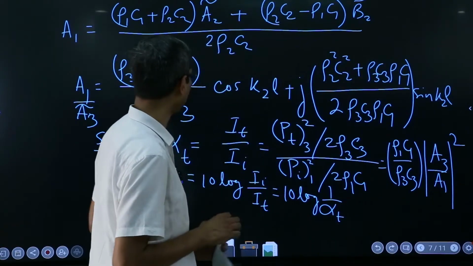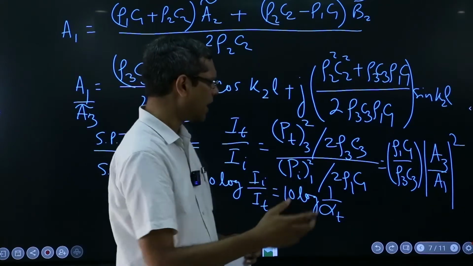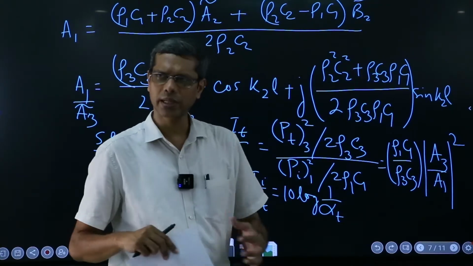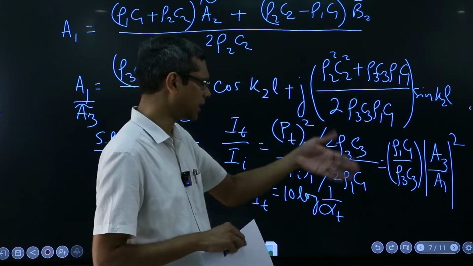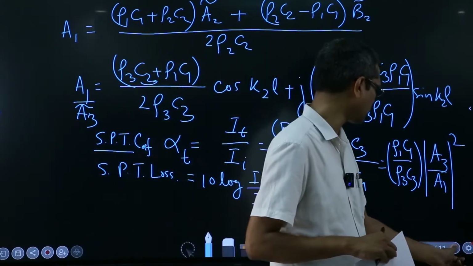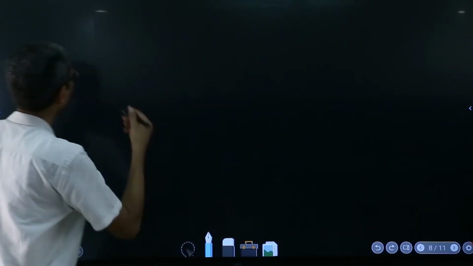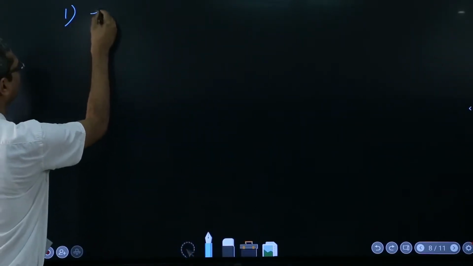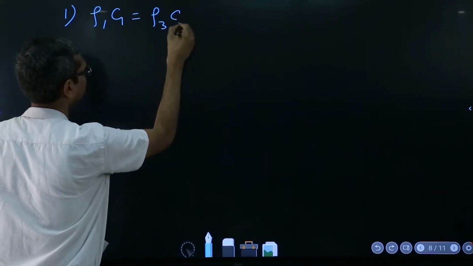And now what we will do is we will take up this thing and try to see some special cases, because this 3-layer thing has got a lot of special cases which are of importance. So that we will take up in this segment. First being the case where you have rho 1 C1 equal to rho 3 C3.